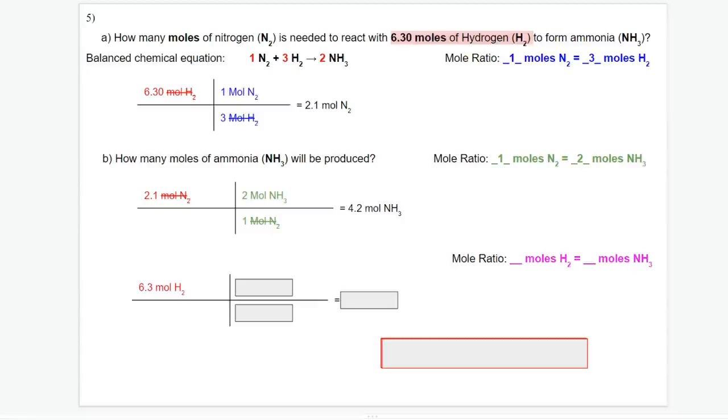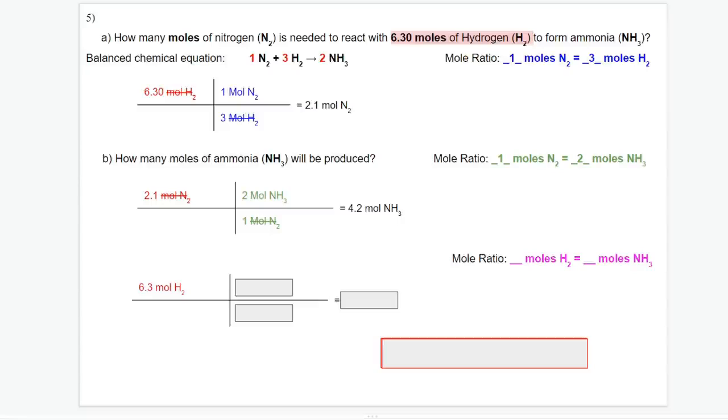So I solved part B based on moles of N2 being equal to moles of NH3 because that's how the question was set up to help you answer it. But I don't have to start with my moles of N2 as my given. I can start with my original number of moles given. I was originally given 6.30 moles of hydrogen.